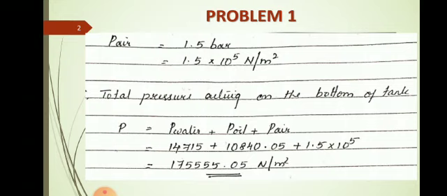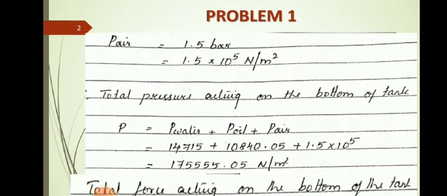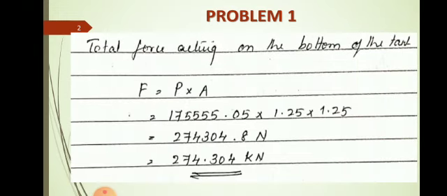Now, how will you find out the force from pressure? We know that pressure is equal to force by area. So from that, force is equal to pressure into area. Using this relation, we can find out the total force acting on the bottom of the tank. F is equal to P into A. P, the total pressure, we have got in the previous step, and area of the tank is given, 1.25 into 1.25.